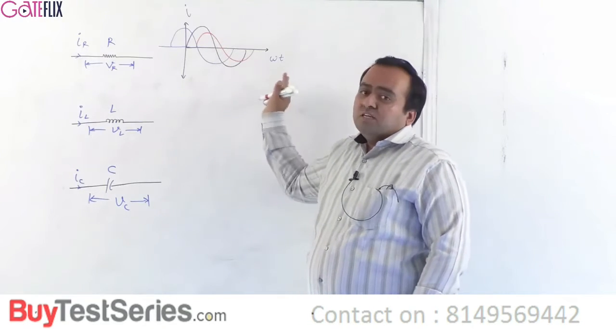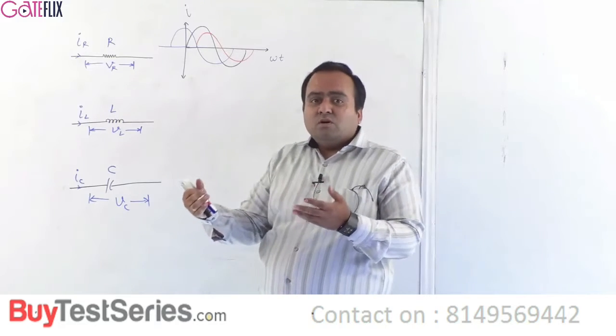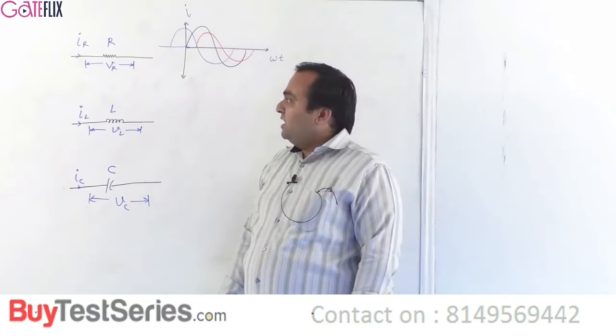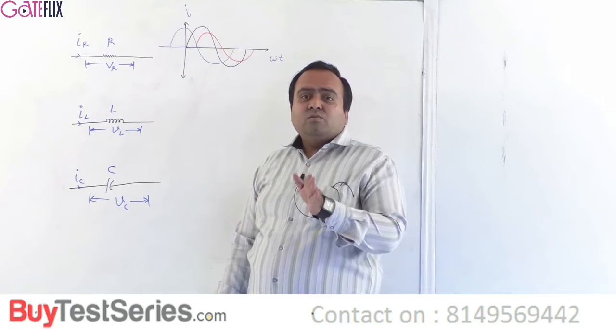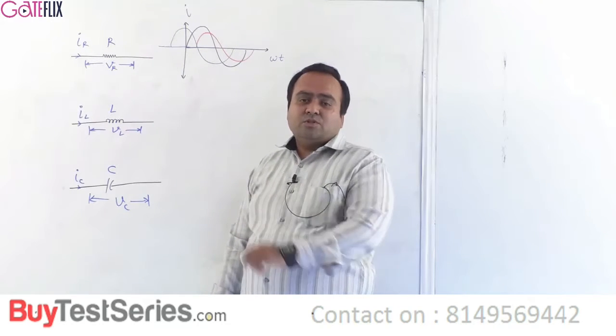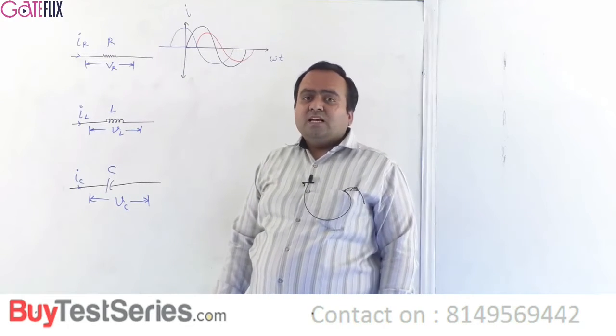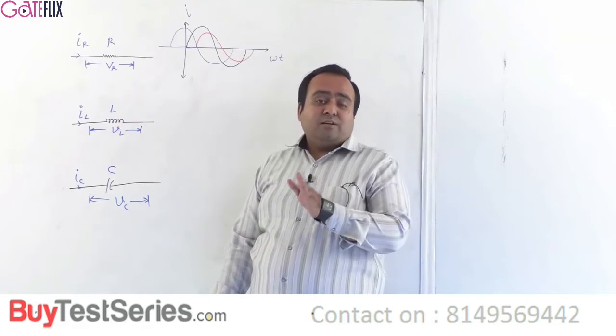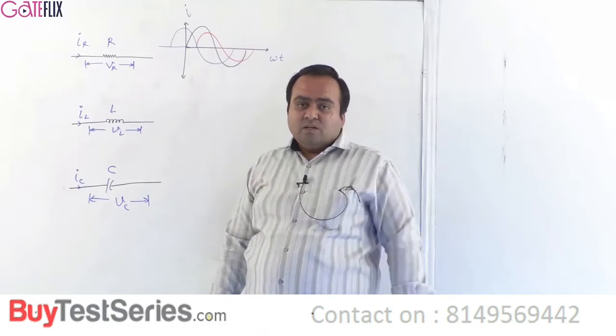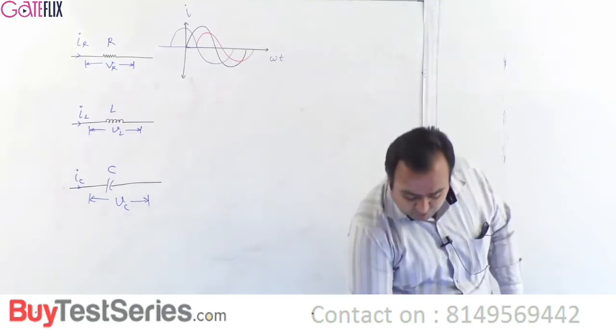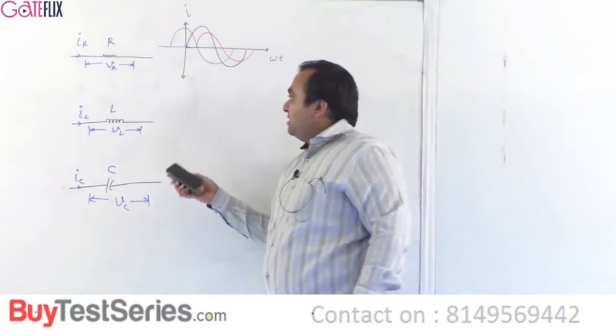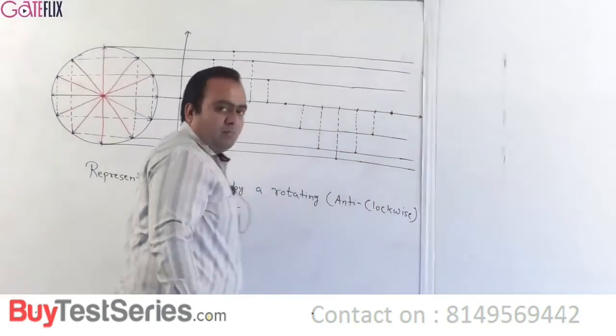As the number of waveforms increases, this gets more and more complicated. So for this case, we have to take a phasor diagram approach. When we take the phasor diagram approach, we represent the sinusoids by phasors. Now why do we represent sinusoids by phasors? Let us understand this.